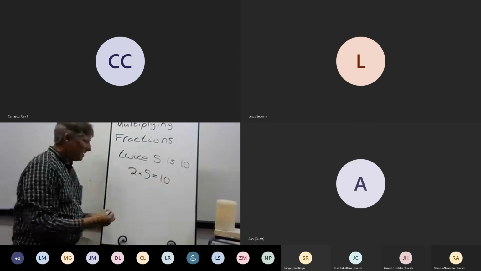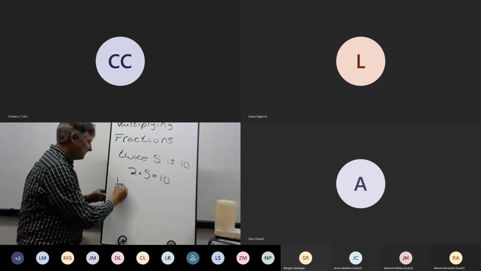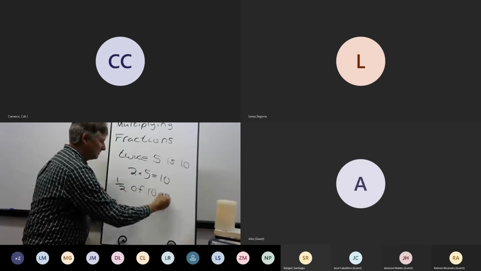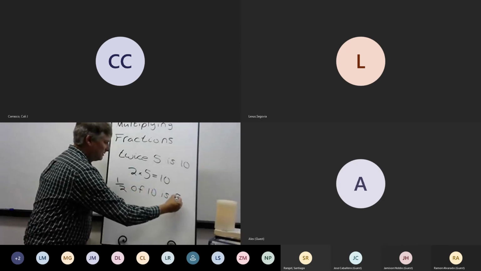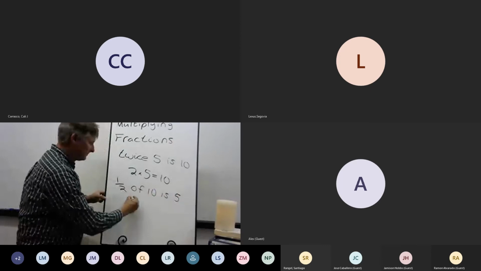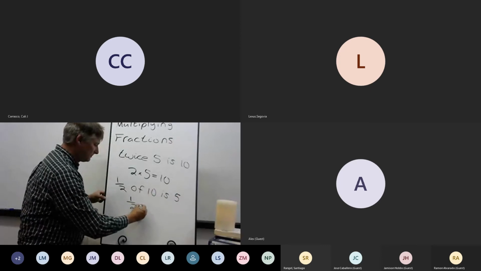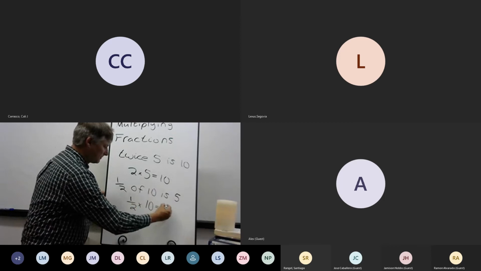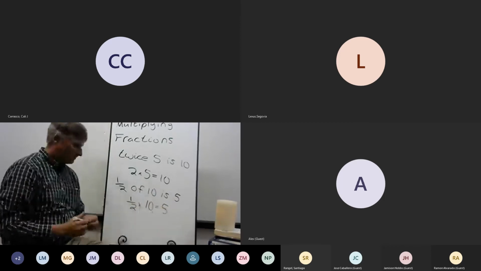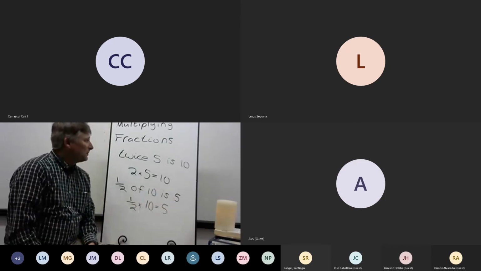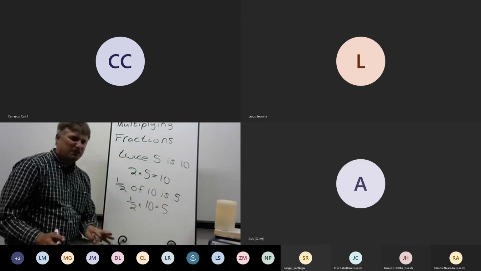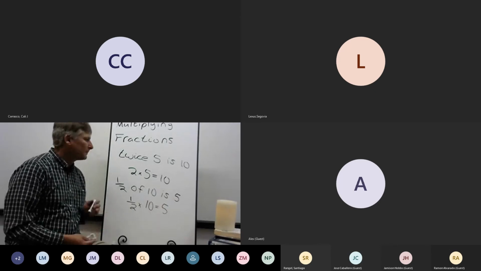So sort of the same way, we can say half of 10 is 5. So a little bit going on here with the language, but let me give you a visual example. This might be a little better.